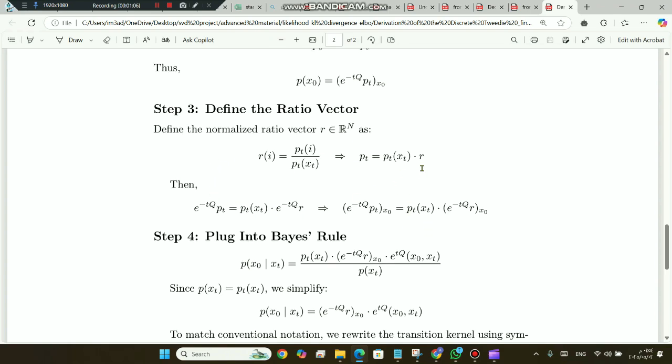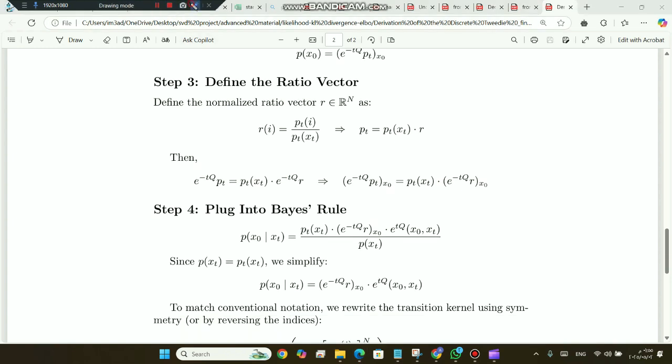So now we have made this substitution over here. We said that let's get this pt and substitute pt of xt times r for it. So we will end up with this shape over here.